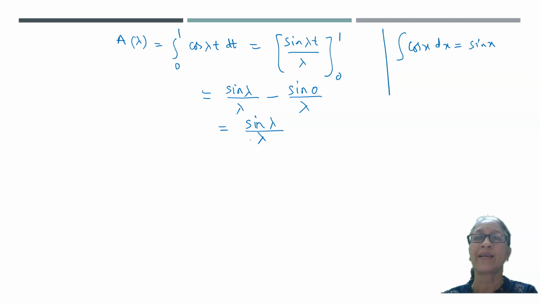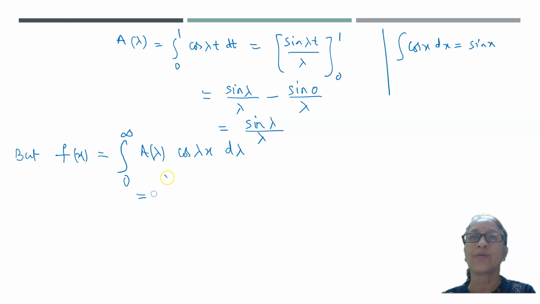After finding A(lambda), we replace value of A(lambda) in f(x). f(x) equal to integral 0 to infinity A(lambda) cos lambda x d lambda.